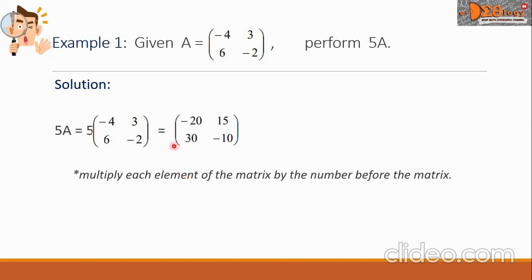So we have it like this: 5 times -4, -20. 5 times 3, 15. 5 times 6, 30. 5 times -2, -10. This is the final answer.